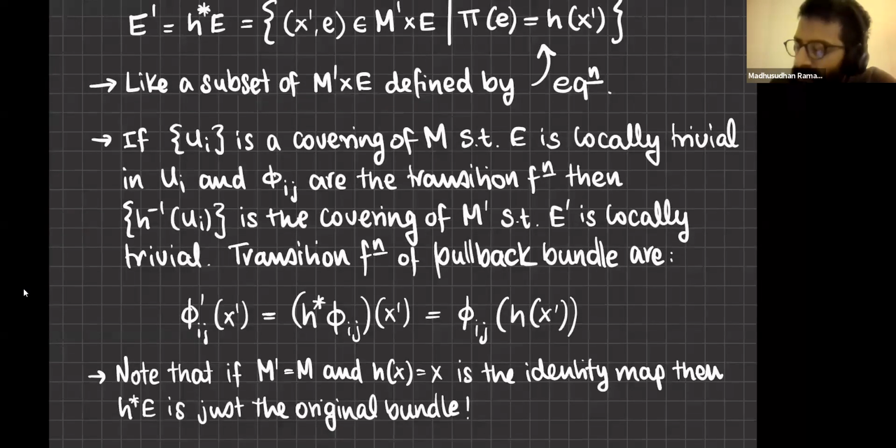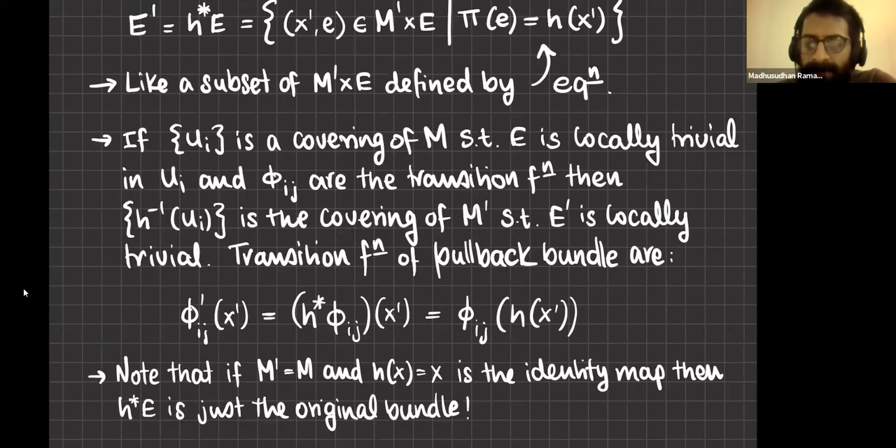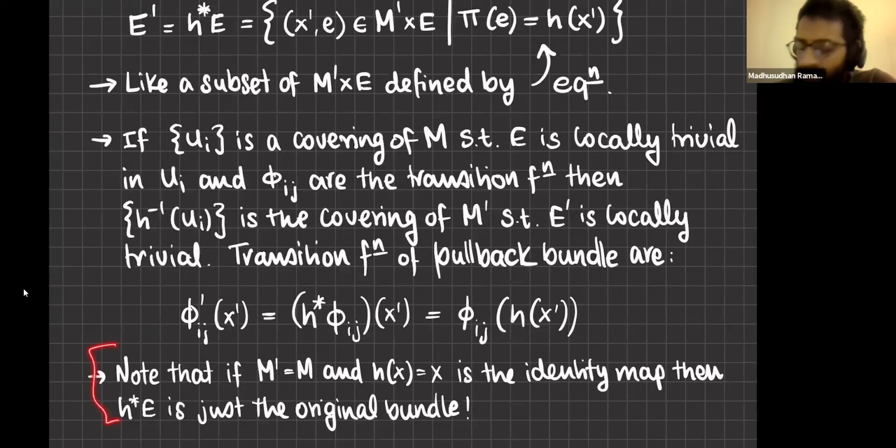So one of the consequences of this definition is that if M prime is the same as M and H of X is X, which means it's just the identity map, then H star E is just the original bundle. So I would think that you cannot do this. Oh, but from the first definition, is this statement obvious?